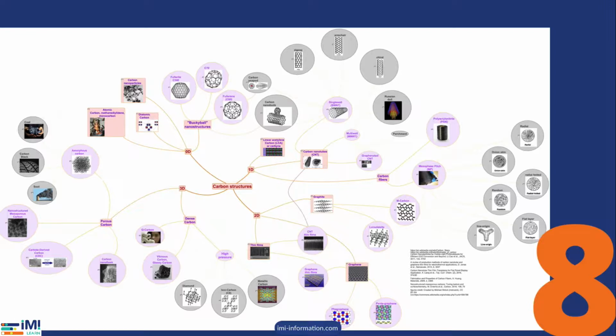It's a free software, very powerful, very performant. With a digital map, you can always reorganize, add new nodes, new connections as you collect more information. Here is now how my mind map about carbon structures looks like. Let's have a closer look at it right now.